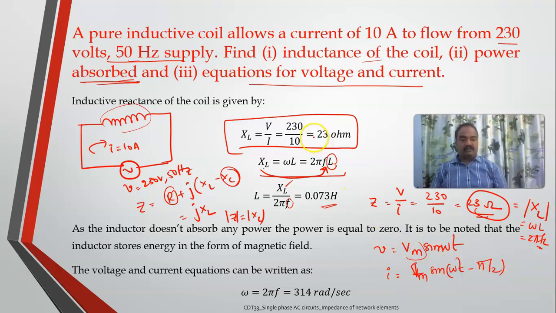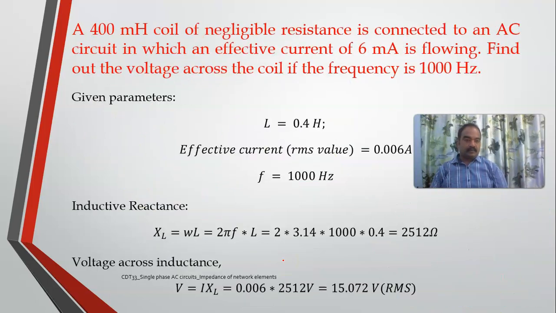Vm is 230 into root 2. Omega is 314, calculated because omega is equal to 2 pi f. You calculate it and substitute it here. And here also Im, the current is given. It is RMS. For the maximum value, you should go with 10 into root 2. 10 root 2 sin(314t minus pi by 2). This is how you should write the equations.